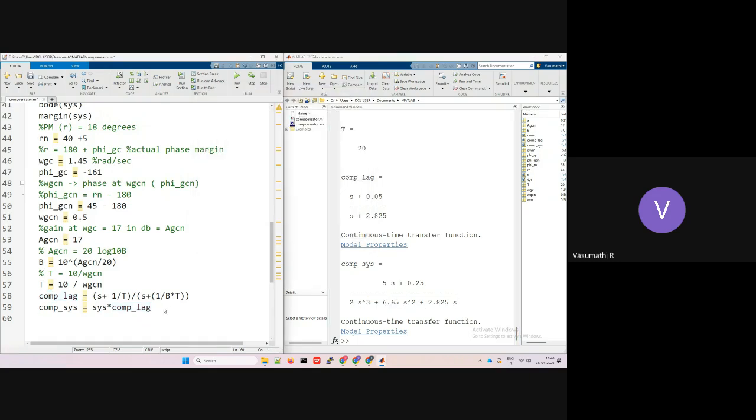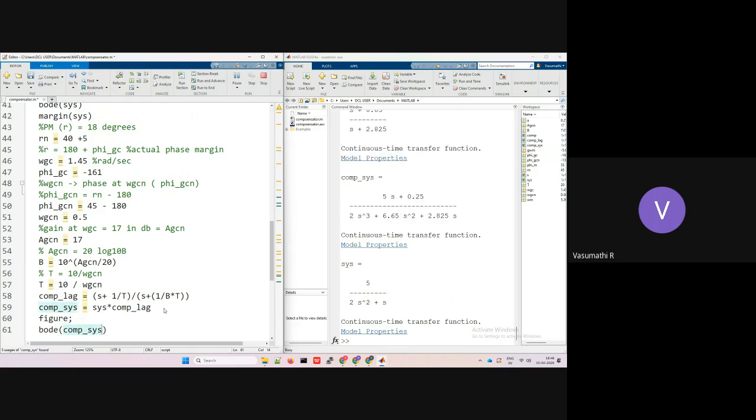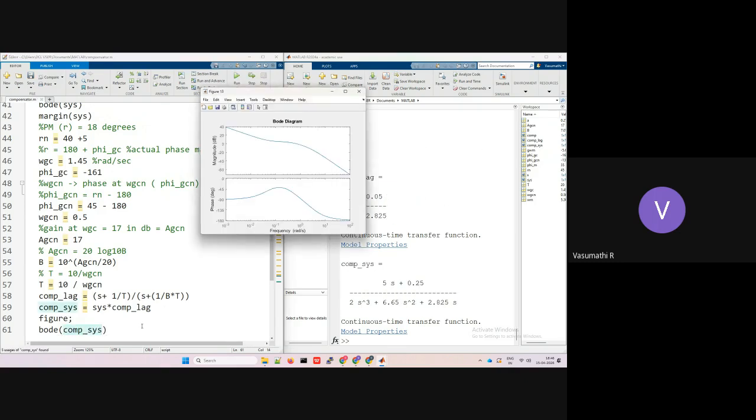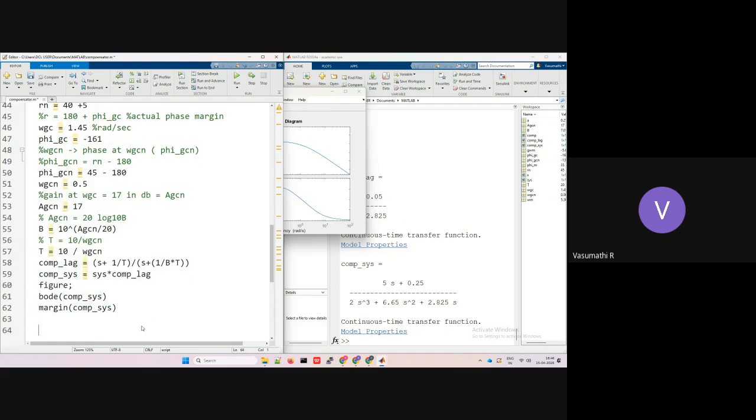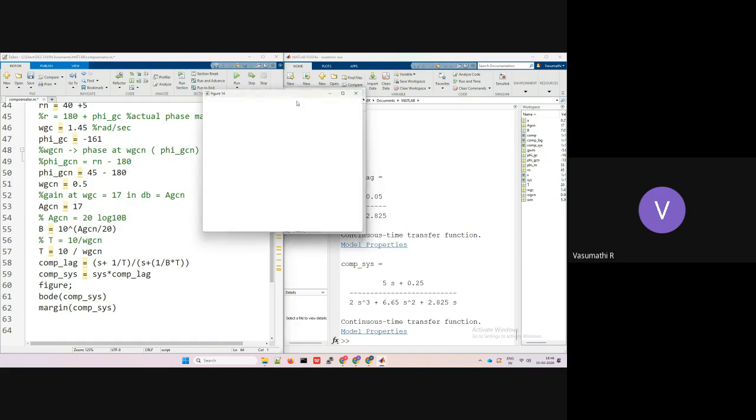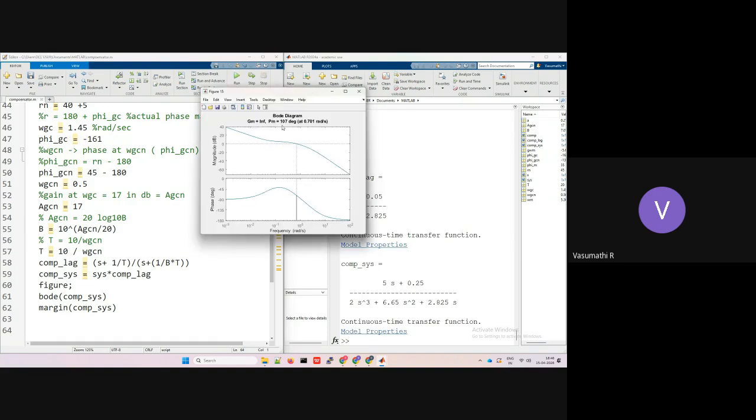If I do a Bode plot for this, Bode of the compensated system, I will get the margins of the compensated system. Mm, it's around 107.